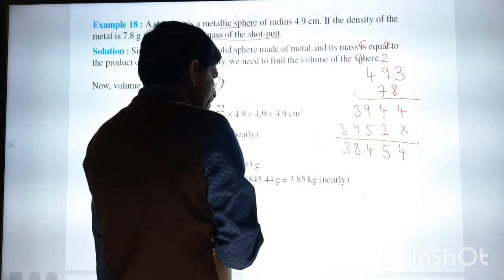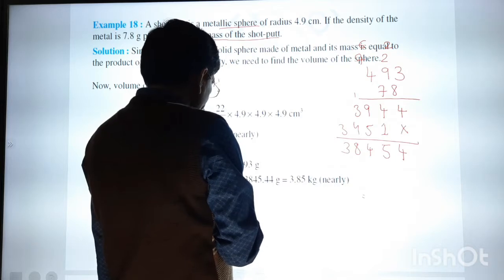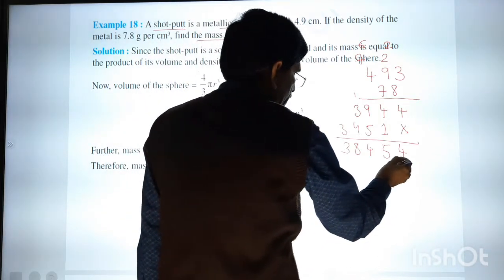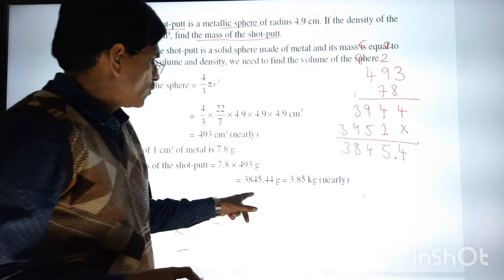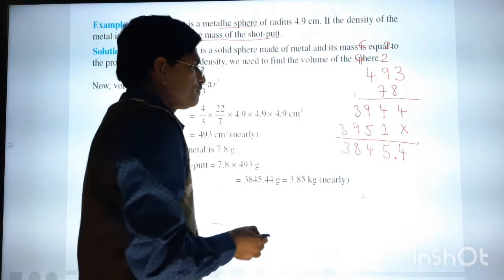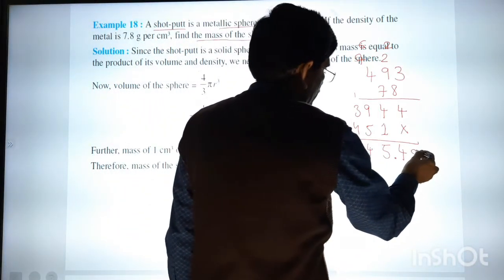Afterward, how many points are there? If you see, after the point one digit is there, so I have to write it here. So 384.44 gram.